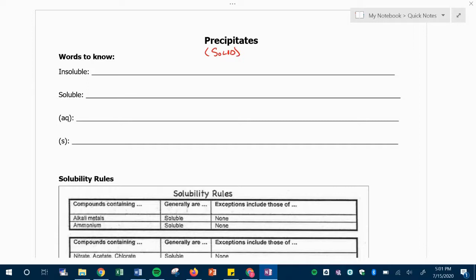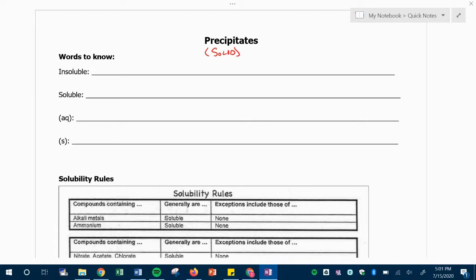When we mix them together, one of the products is still dissolved in water, but the other product starts to form a solid. And so when this happens, we created a precipitate.